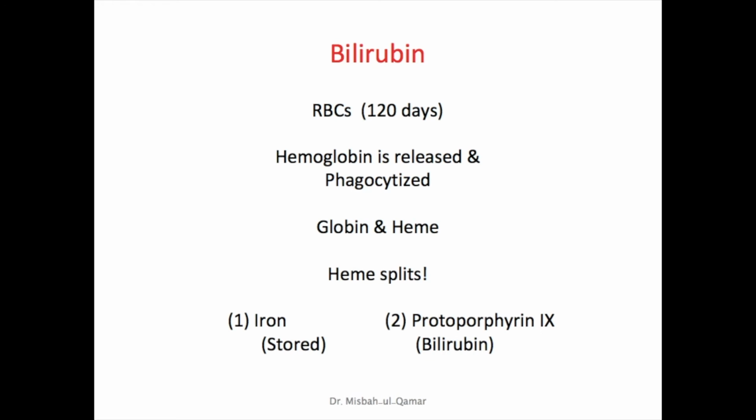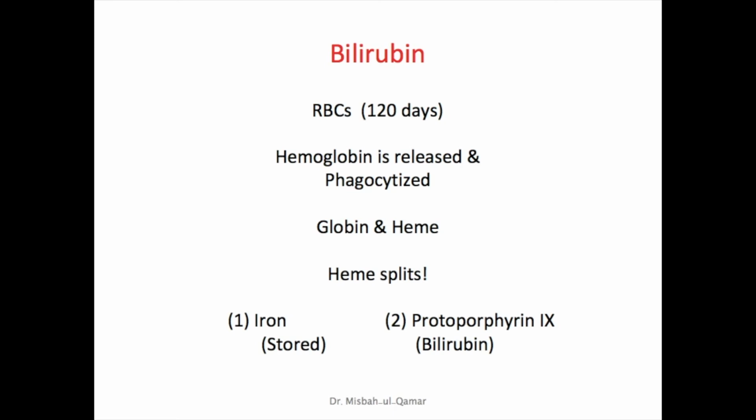Bilirubin is a major end product of hemoglobin degradation, and it helps in diagnosing hemolytic blood diseases and also various types of liver diseases.